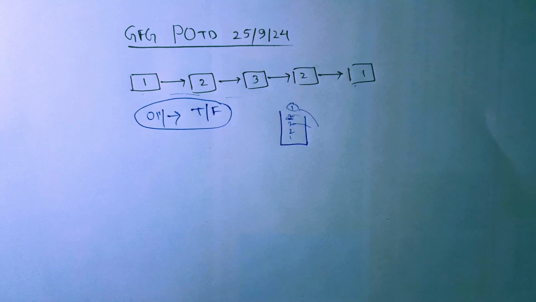because in my question they have said that we have to do the solution in big O of 1 space complexity. So here we cannot use any space.